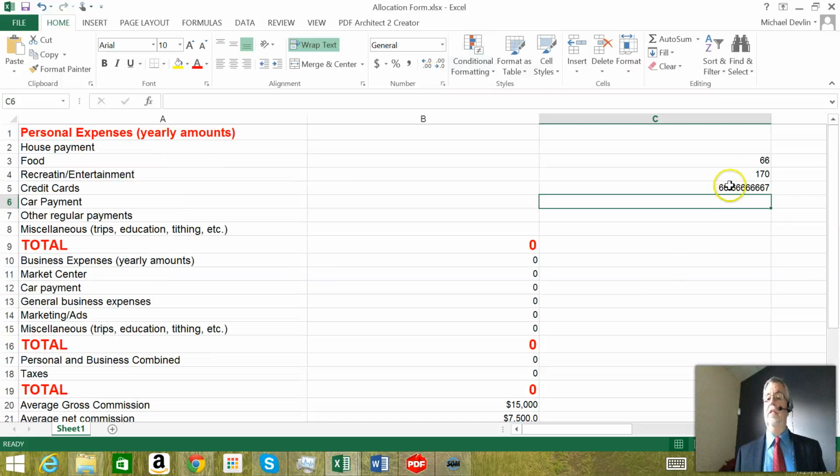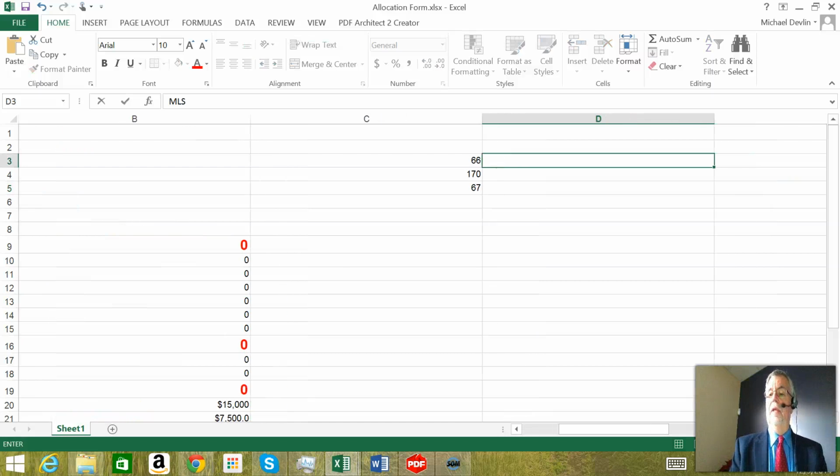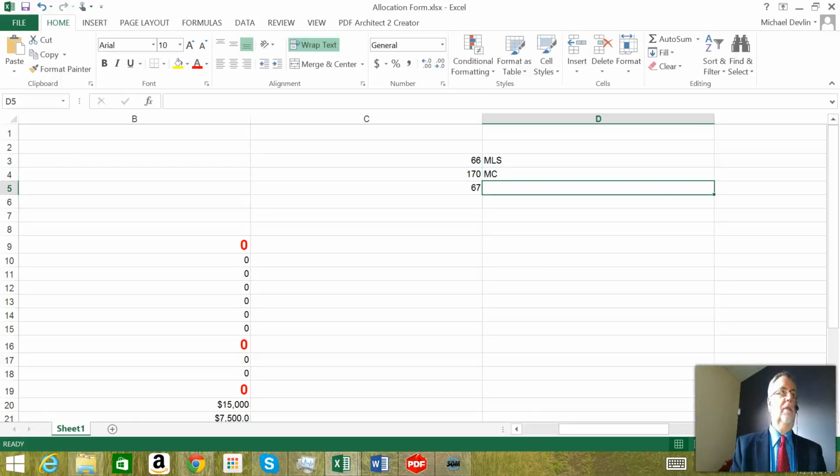That's $66. Why don't we just round that up to... this is MLS, this is the market center, and this is the Association of Realtors. What I've done is I took its annual number and divided by 12.